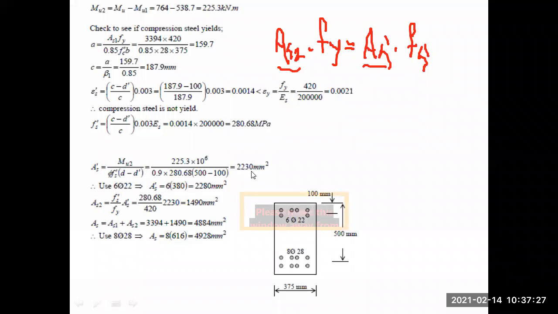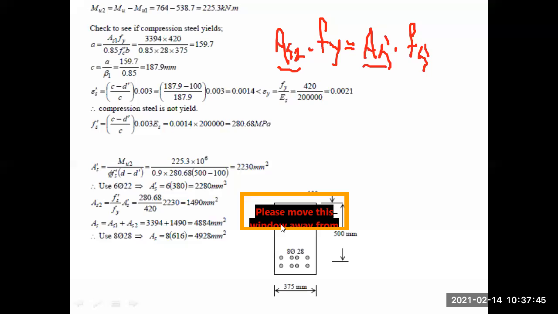Then you get the amount of steel reinforcement for AS prime. Once you get AS prime, you plug it into this equation.